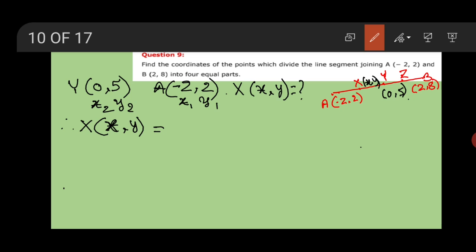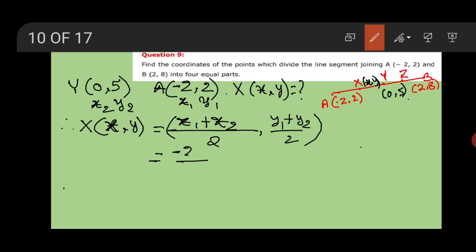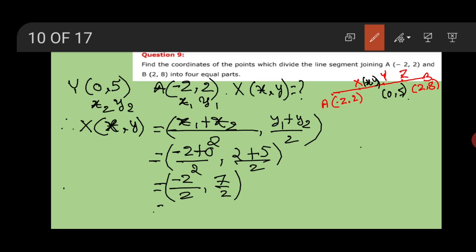Therefore, coordinates of x is equal to, using the midpoint formula, (x1 plus x2) divided by 2 and (y1 plus y2) divided by 2, is equal to: x1 is minus 2 plus x2 is 0, divided by 2, y1 is 2 plus y2 is 5, divided by 2, is equal to minus 2 divided by 2, here 7 by 2.